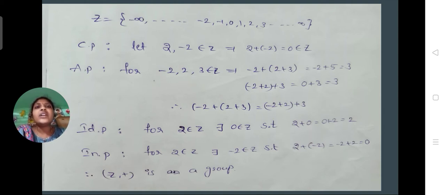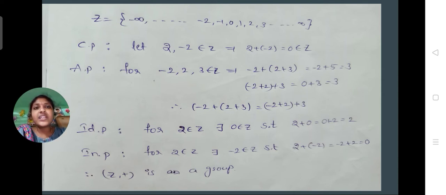I already said the group definition: if a set satisfies the four properties, that is closure property, associative property, identity property and inverse property, then it is a group. So now we check whether Z is a group under addition.